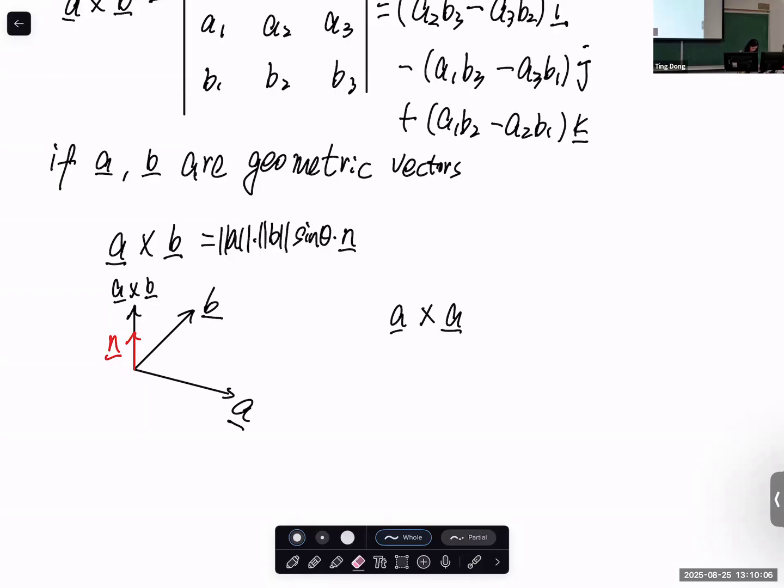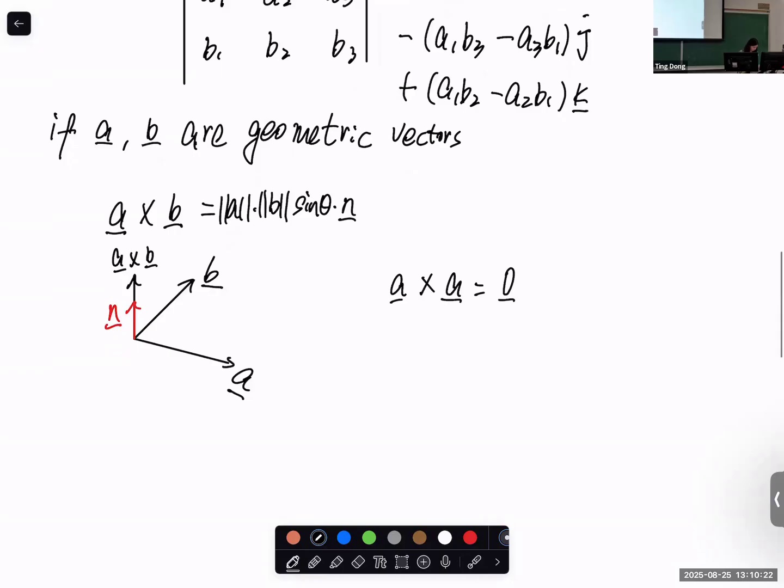So the vector product of A with itself, if two vectors are the same, we get the 0 vector. So basically it's a vector with 3 zeros in it, if A has 3 components, B has 3 components, right?